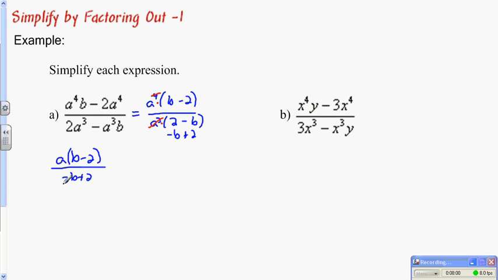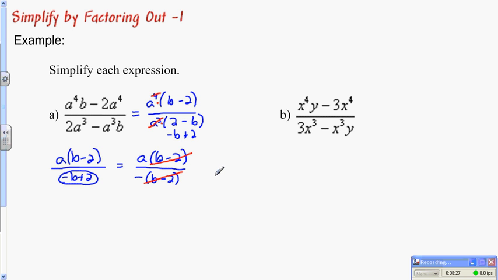But we can change this. Because it's opposite, I'm going to take a negative out, and if I do that, I will end up with b minus 2. They will each change signs. That allows us to take advantage of this situation.